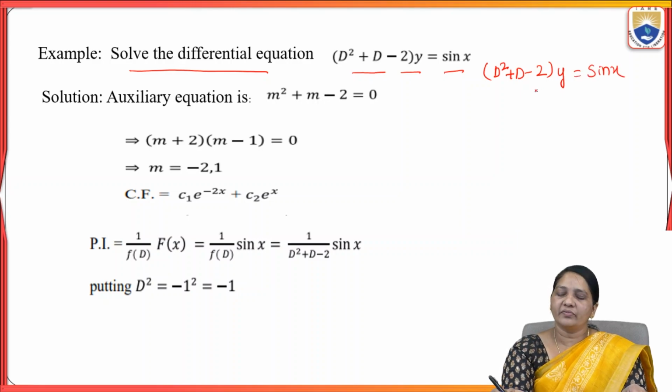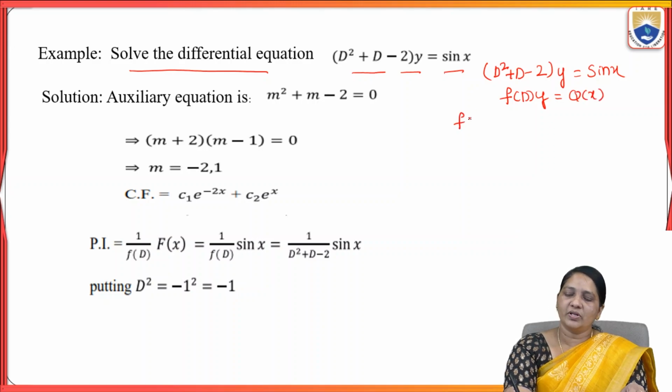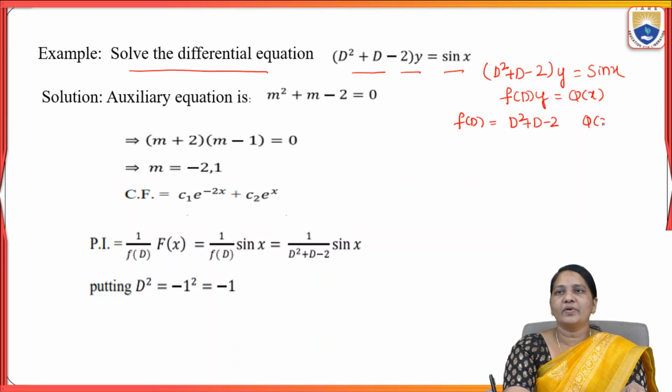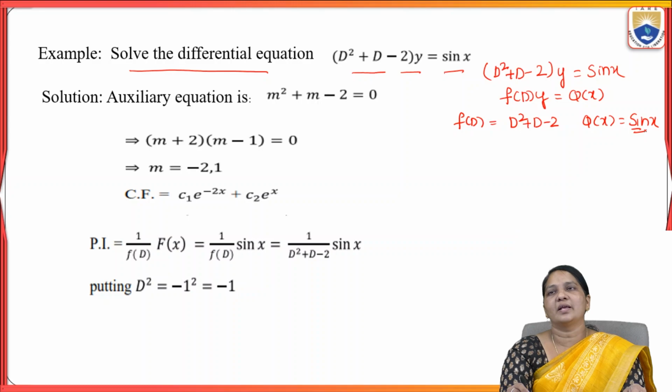Now I am comparing with the general equation, that is f of d into y is equal to q of x. What is the f of d value? F of d is equal to d square plus d minus 2, and the q of x value is nothing but sin x. So now we have the sin ax form, which means we can follow the procedure of method 2.